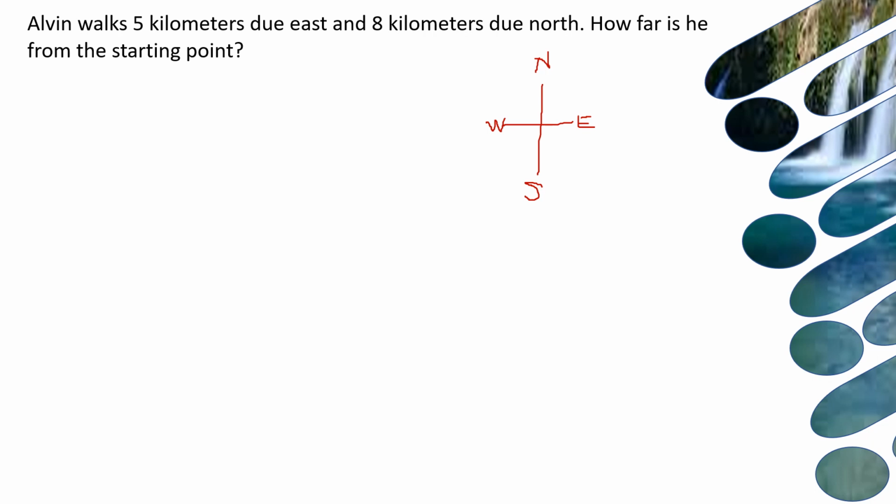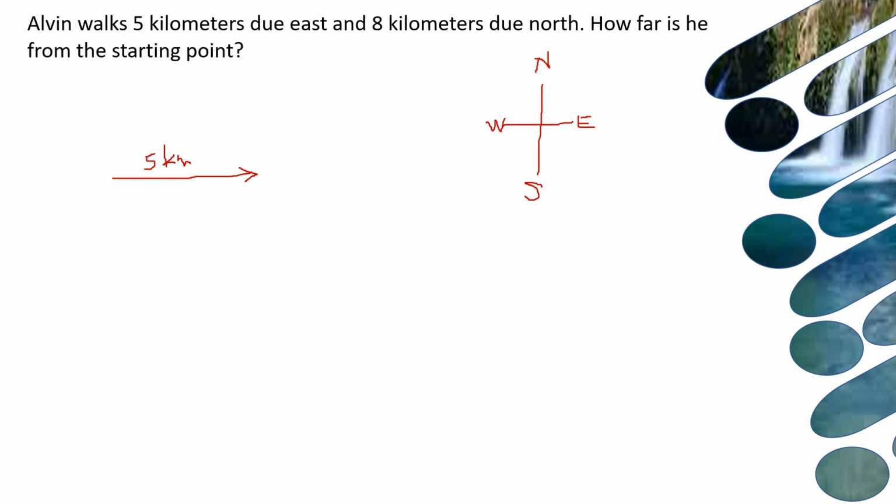Now if Alvin walks 5 kilometers due east, then we have to draw a diagram going east, which is 5 kilometers.